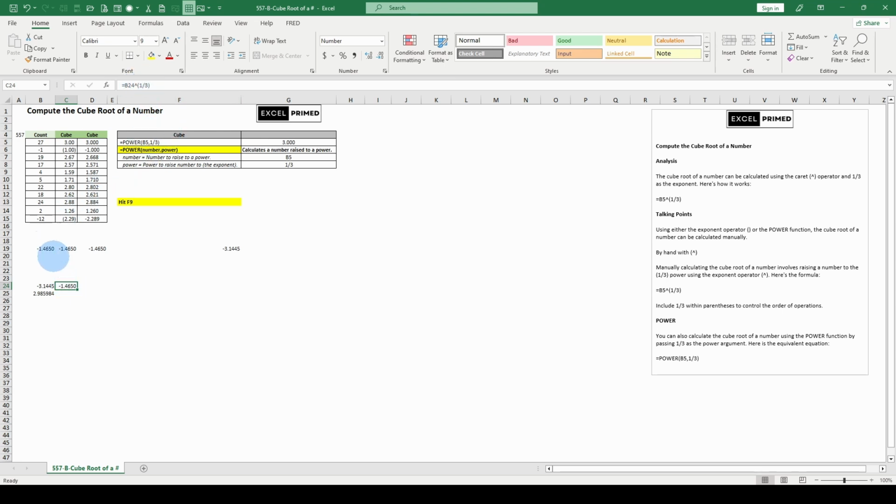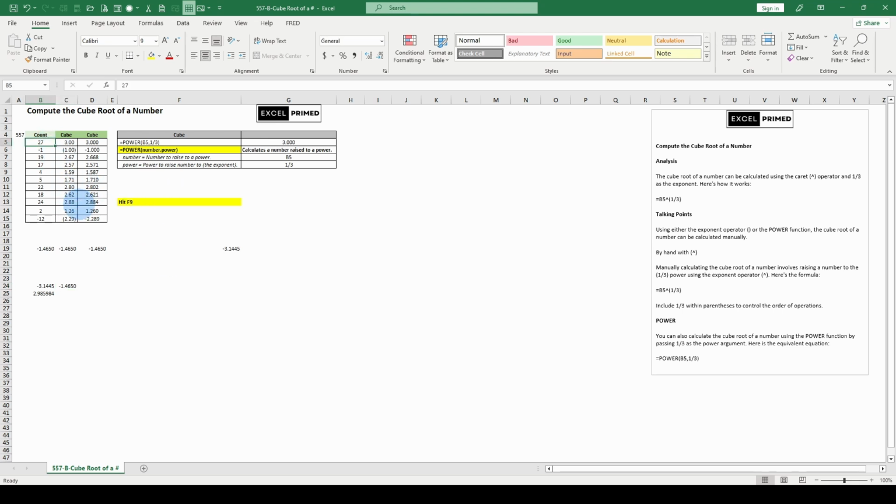Now, all I did was copy this here, 1.465, and here's the proof. All we did was multiply this 3 times, 3.145. Here's the 3.145. There is -3.145 cubed. Okay, I know I took the long route, but if this is either new to you or you need a reminder, this is how it works.